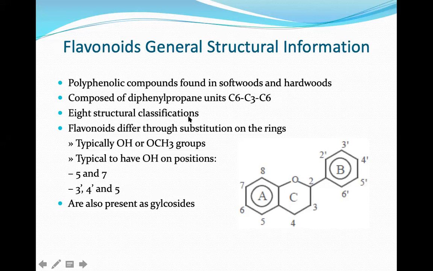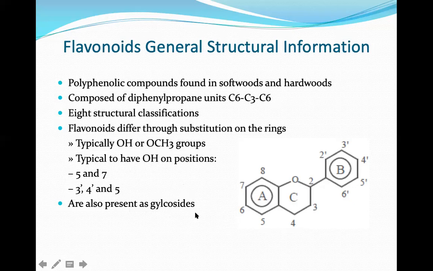There are 8 structural classifications, 8 groups or classes of structures. We shall discuss and show you the structures, which is very important. Flavonoids differ through substitution on the rings, typically hydroxyl or methoxy groups. Yesterday I mentioned that carbons 5 and 7 are easily hydroxylated, as well as 3 prime, 4 prime, and 5 prime, and they can also be present as glycosides.